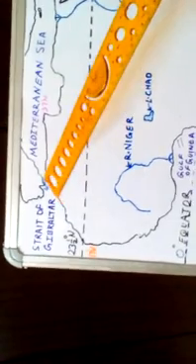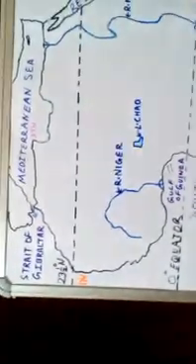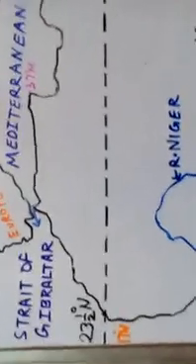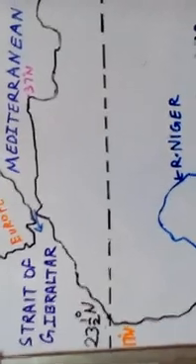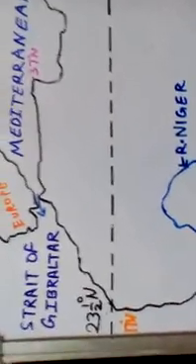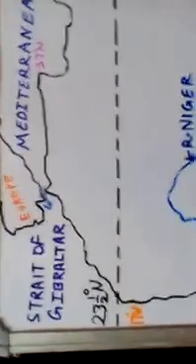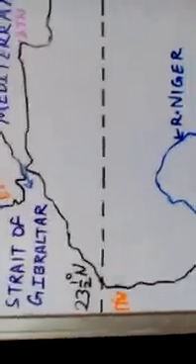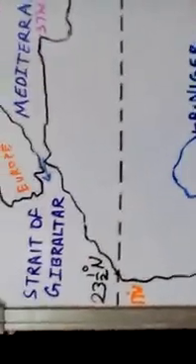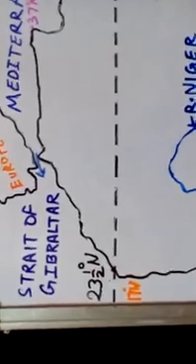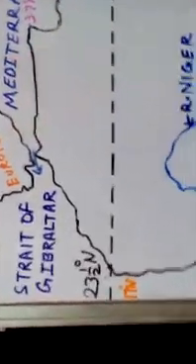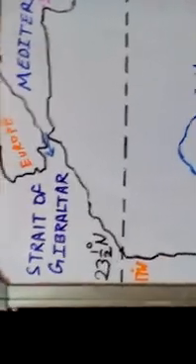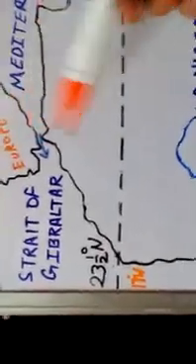Here is your Strait of Gibraltar. I hope we all remember what is a strait. A strait is a narrow stretch of water that joins two large water bodies. So here, when we repeat that the Strait of Gibraltar between the Atlantic Ocean and the Mediterranean Sea separates it from Europe, so what is it doing?